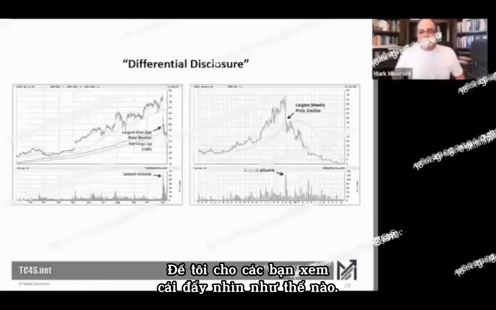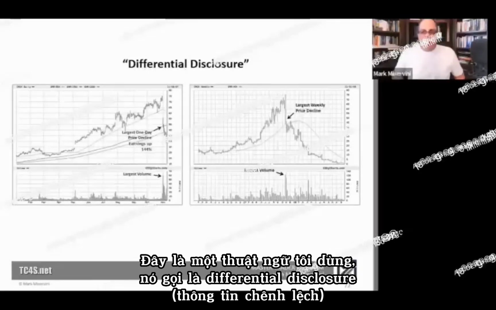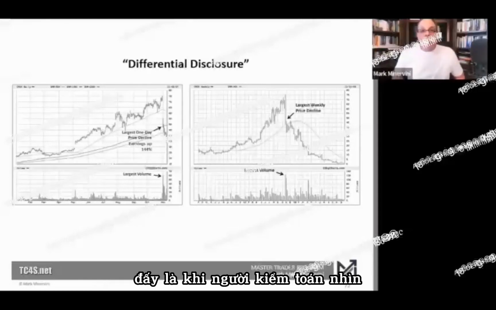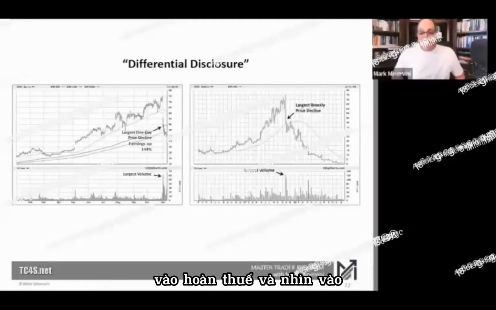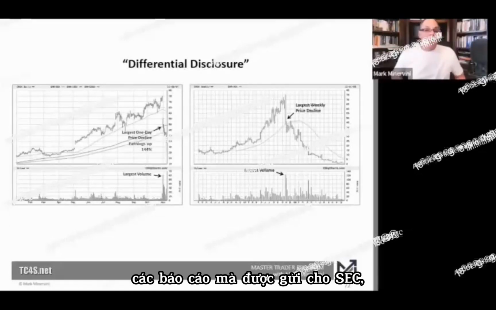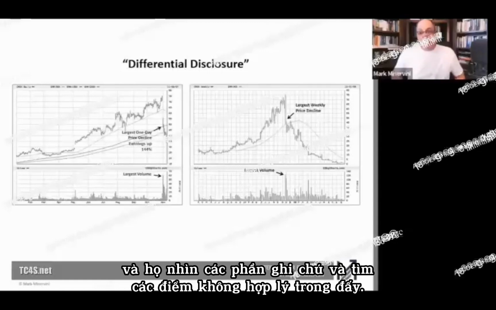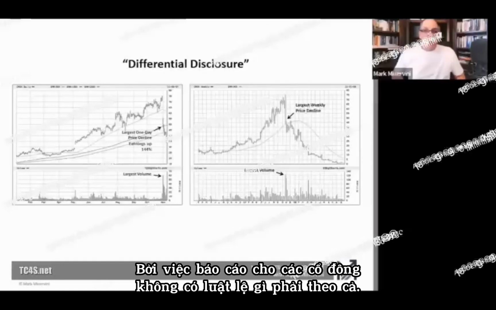So this is a term that I use called differential disclosure. I did not make up the term. It's actually used in forensic accounting, where forensic accountants take a look at the tax return, and they look at the quarterly reports that are sent to the SEC, and they'll read the annual report, and they'll look at the footnotes, and they'll look for discrepancies between those, because reporting to shareholders doesn't have any rules.